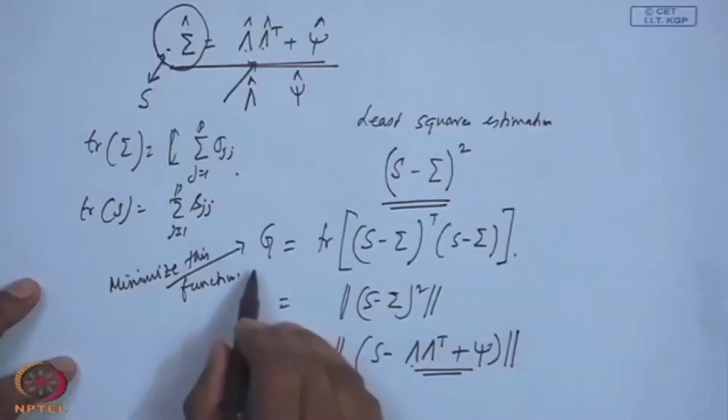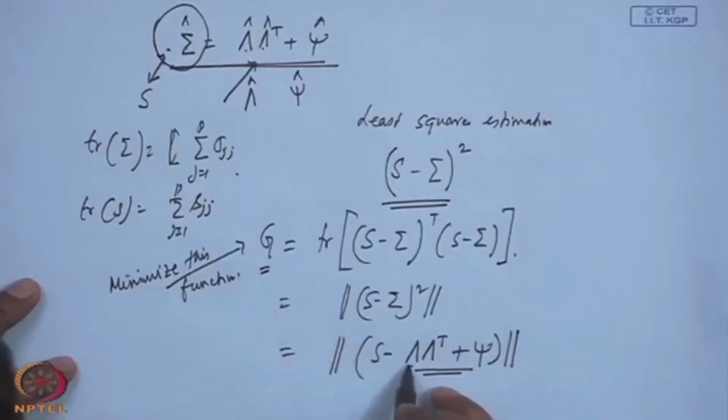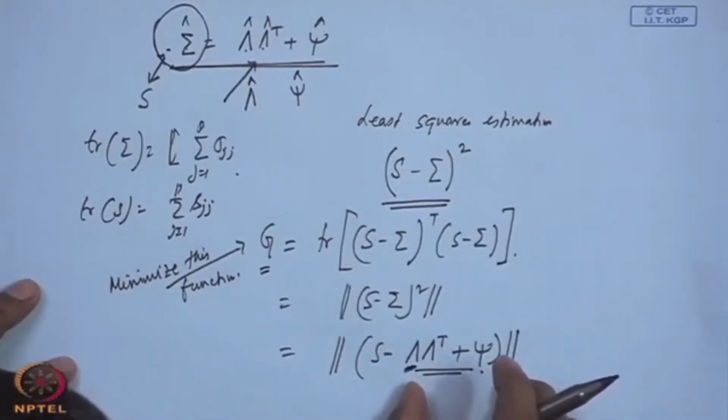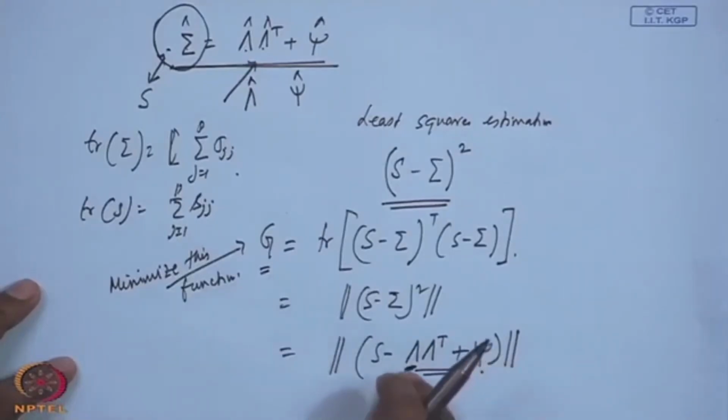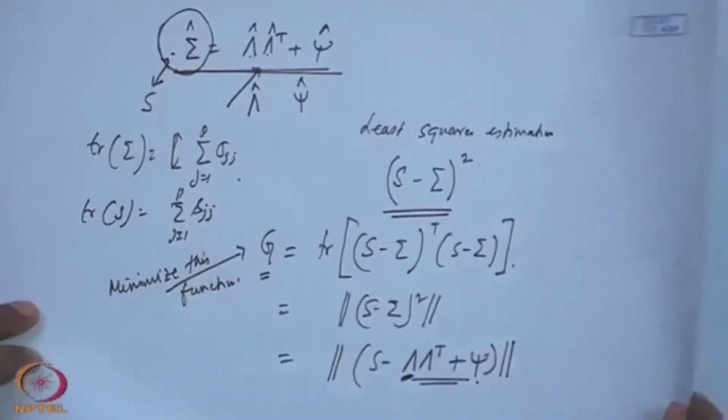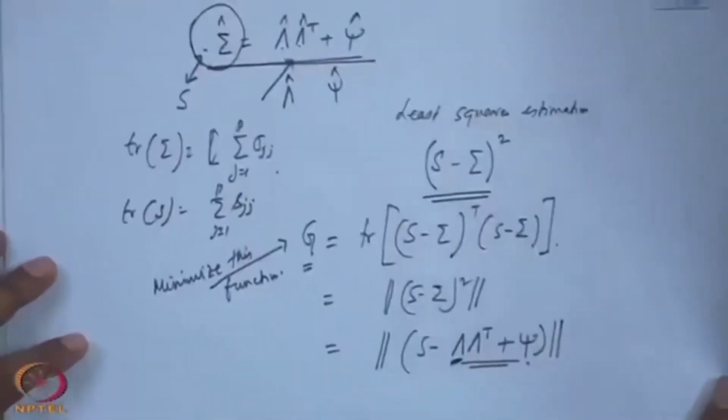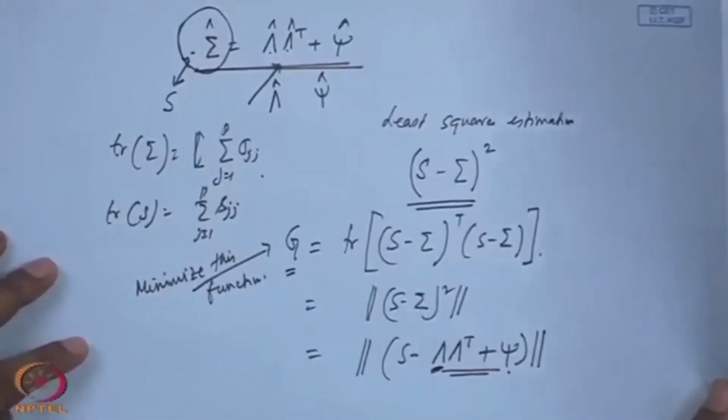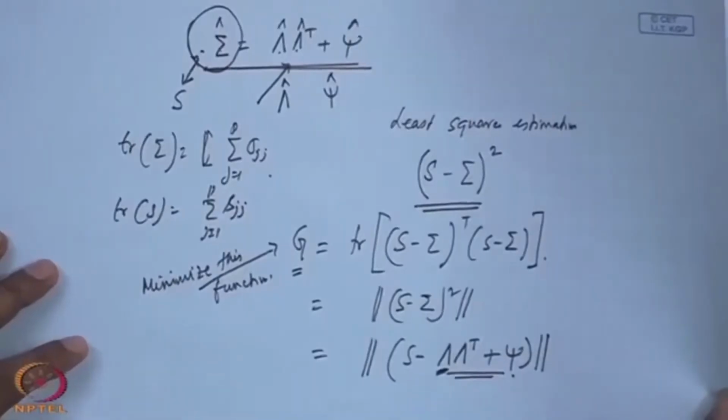Here the problem is that your capital lambda as well as psi are unknown parameters. If I take the derivative with respect to lambda, what is required is that we have to initialize the values.